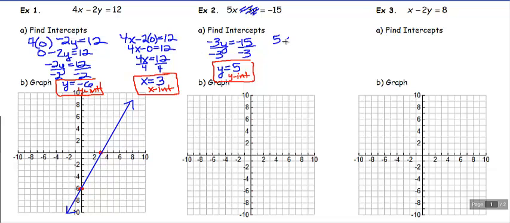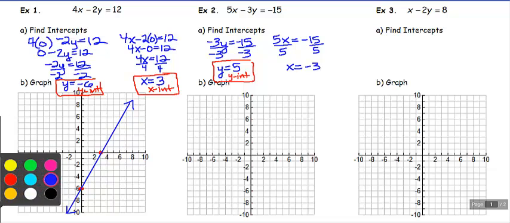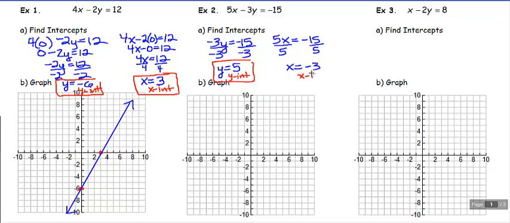So now my equation is just 5x equals negative 15. And now we're going to solve this equation by dividing both sides by 5. And we get that x is negative 3. So the x-intercept here will be at -3.